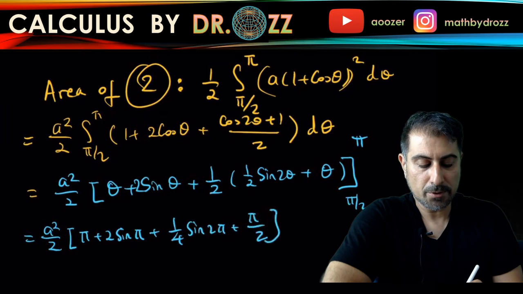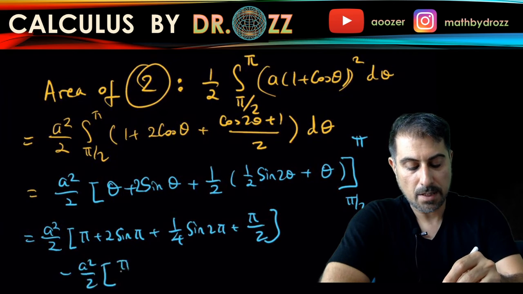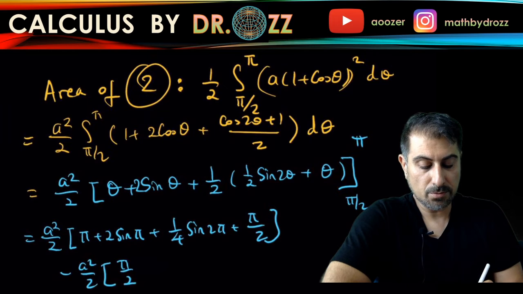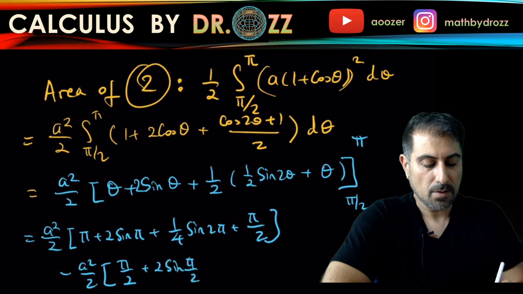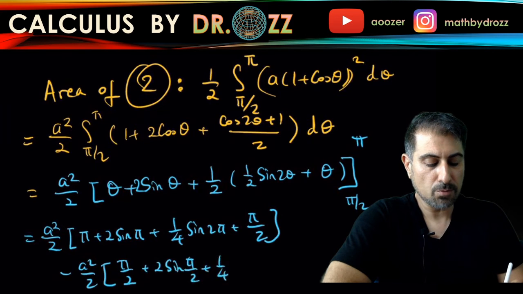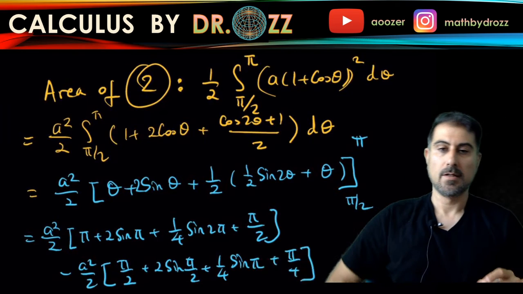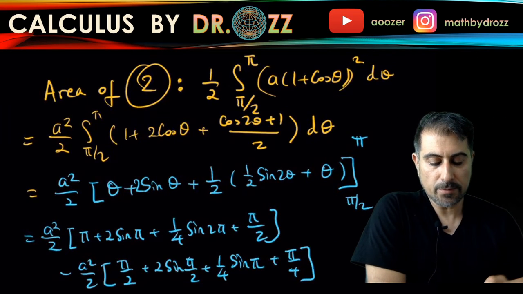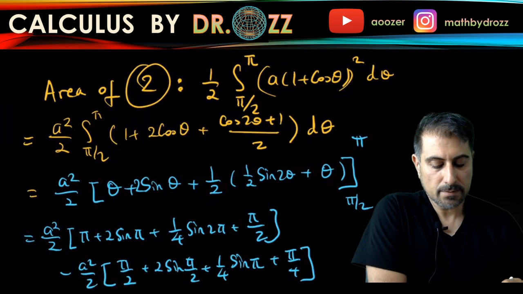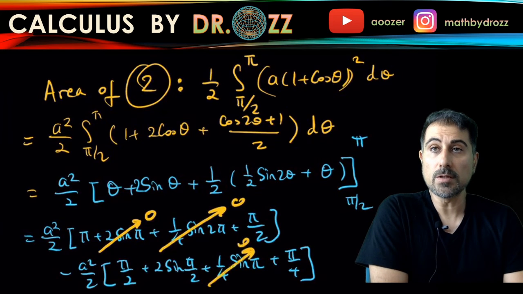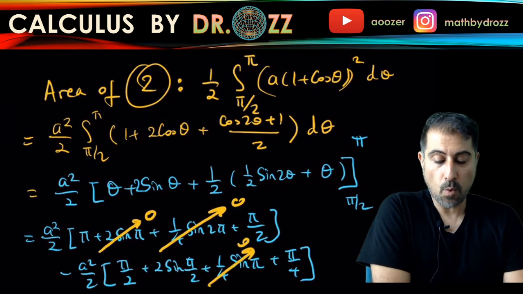Minus A squared over 2, let's plug in pi over 2 this time. 2 pi over 2 plus 2 sine pi over 2 plus 1/4 sine pi plus pi over 4. All right. Well, sine pi is 0, so is sine 2 pi. So these terms are gone. And sine pi over 2 is equal to 1.